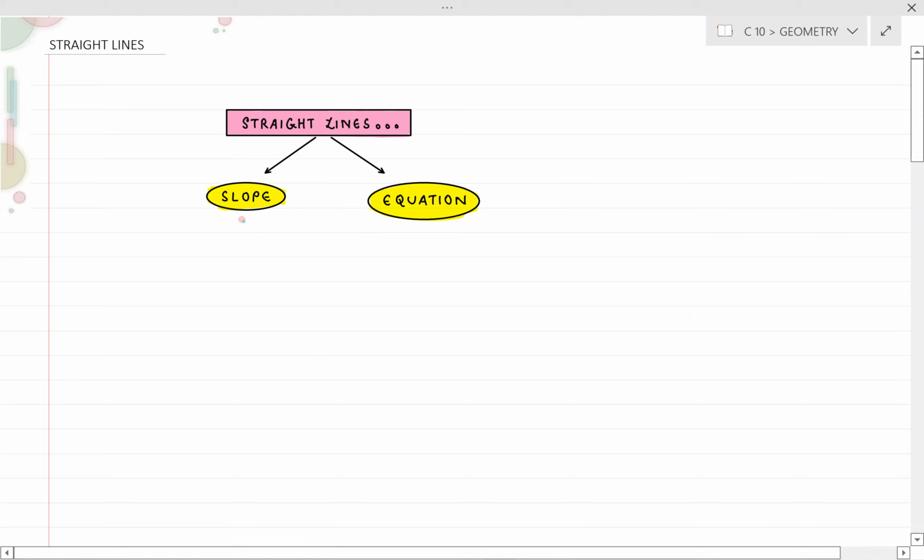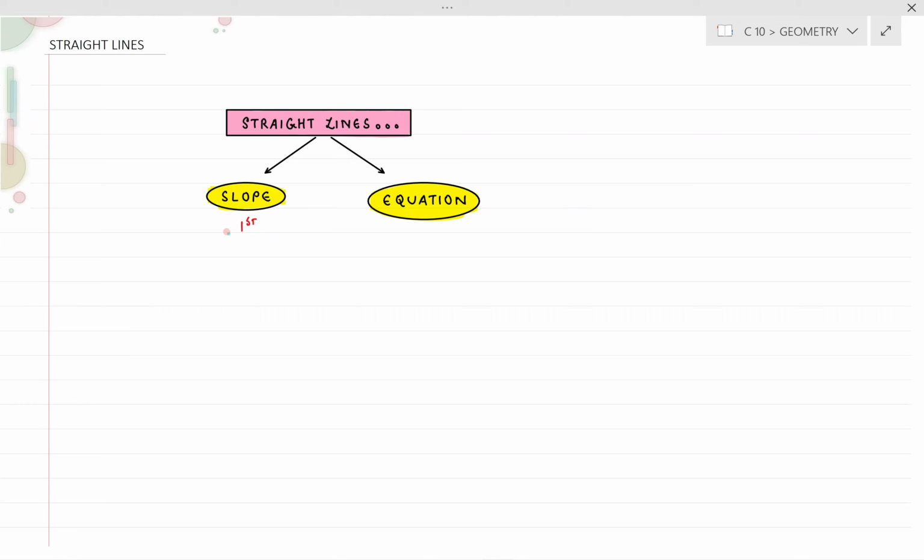So the first concept is the concept of slope of a line. Slope of a line can also be called gradient of a line. Gradient. The meaning is same.